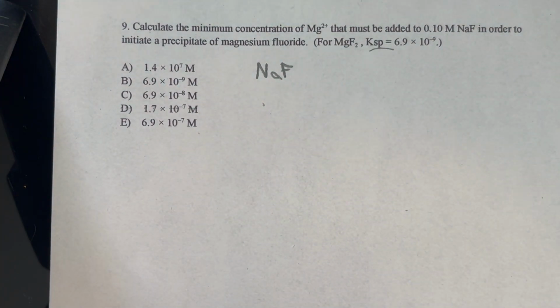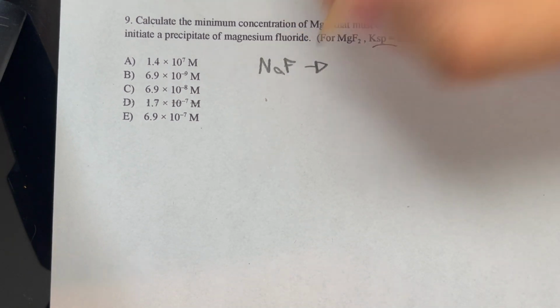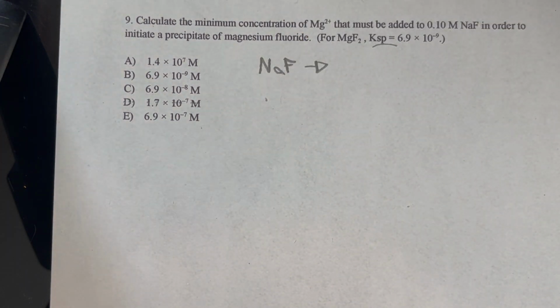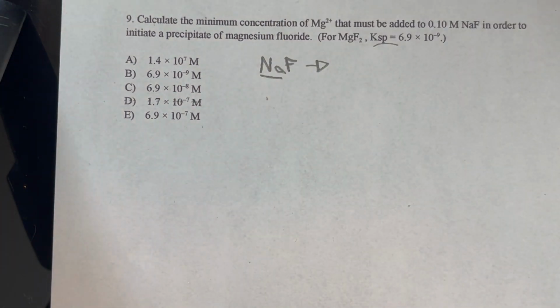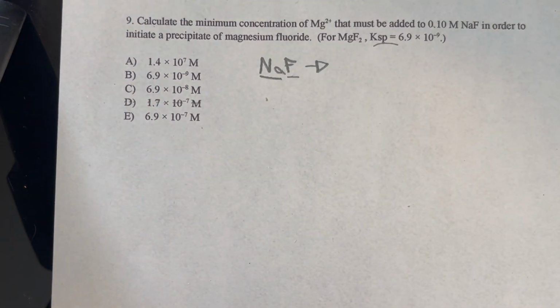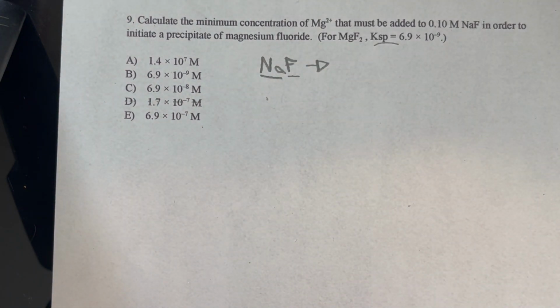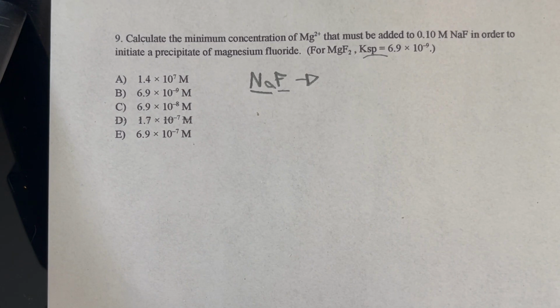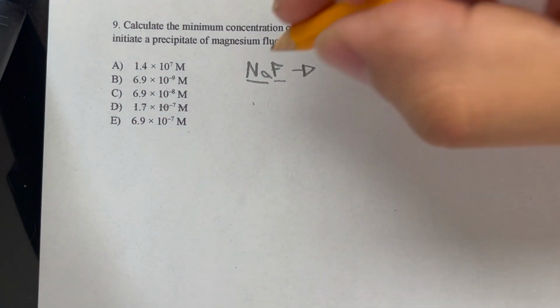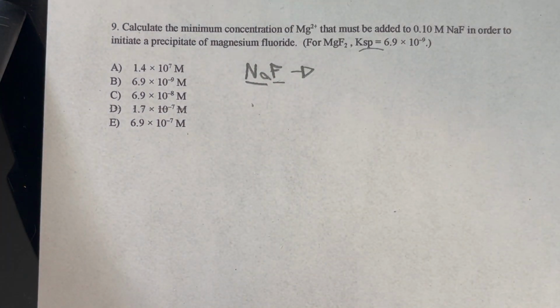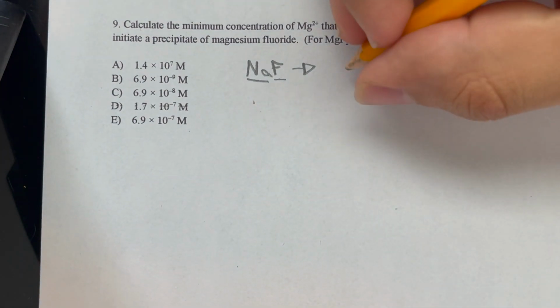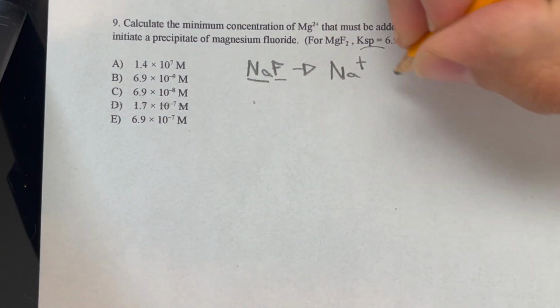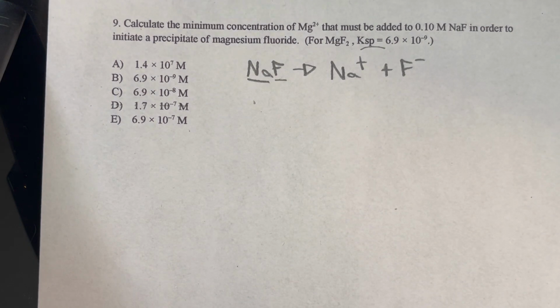By our solubility rules, we know that sodium fluoride is soluble, right? Sodium is a group 1 and fluorine is a halogen, and in combination this compound is going to be highly soluble. It's like sodium chloride, right? So then this is going to split up into sodium ions and fluoride ions.